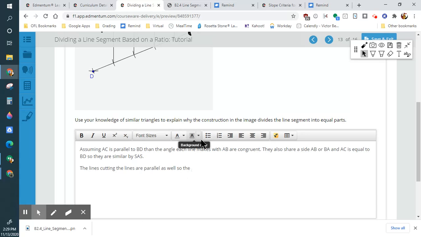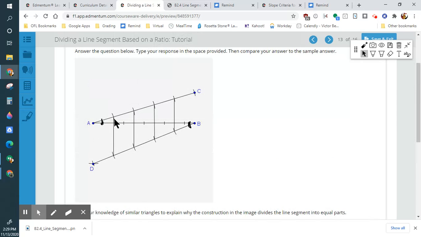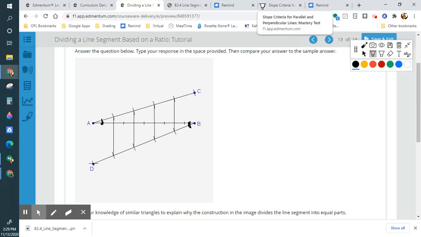So the sides would fall under angle side angle similarity. The reason I'm saying that is that all of these angles would have to be the same. That means it is cutting it down nicely.